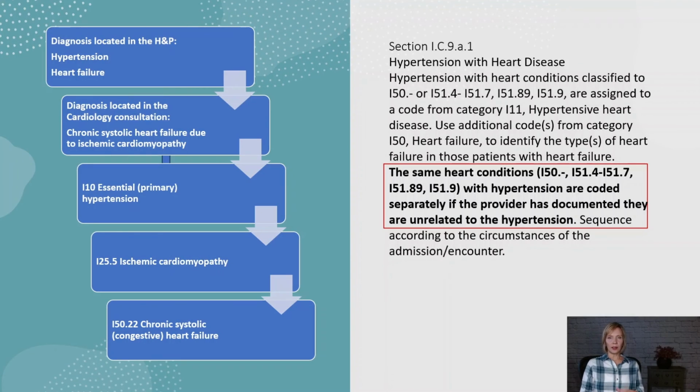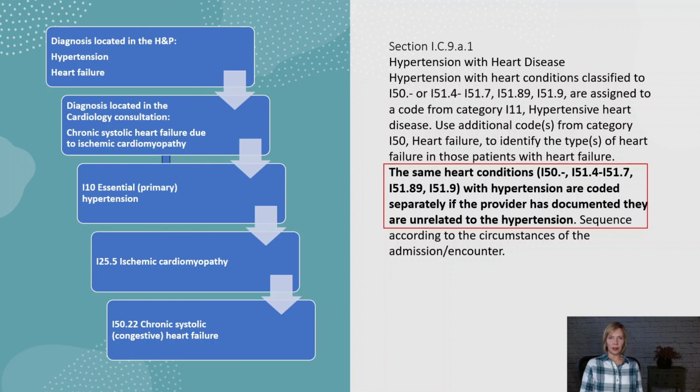Last, let's look at an example of how hypertension and heart disease becomes unlinked if the provider has specified a different underlying cause. In this case, the patient has been diagnosed with both heart failure and hypertension. The hypertension and heart failure were noted in the history and physical. A cardiac consultation was done, and the cardiologist documents chronic systolic heart failure due to ischemic cardiomyopathy.